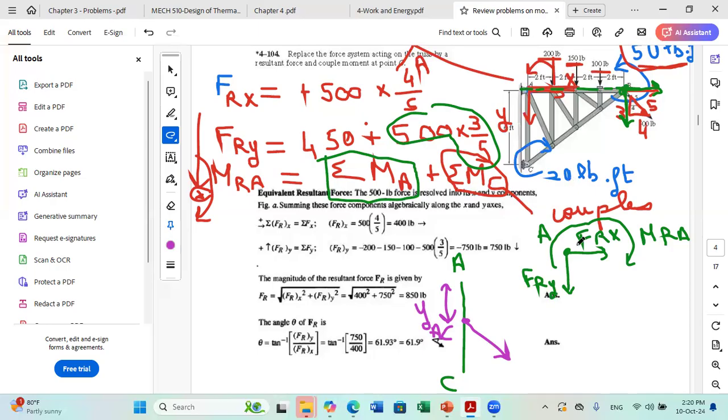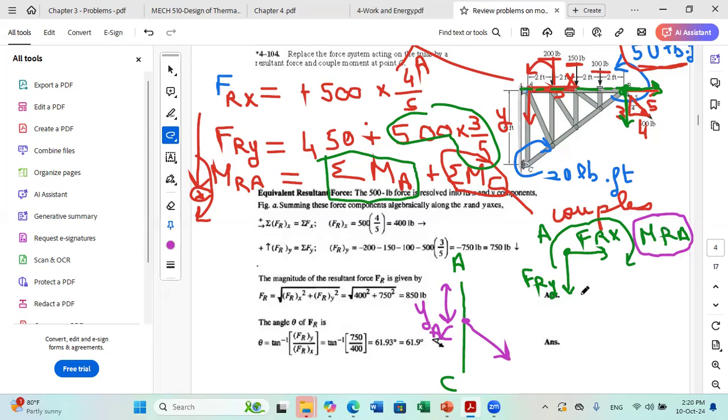And here, from this figure, what is the moment about A? The moment about A is M resultant at A that we calculated together. FRX, FRY cannot produce any moment about A because they are located at A. So we can say that in both figures, to have equivalent system, here also the moment about A should be equal to MRA.